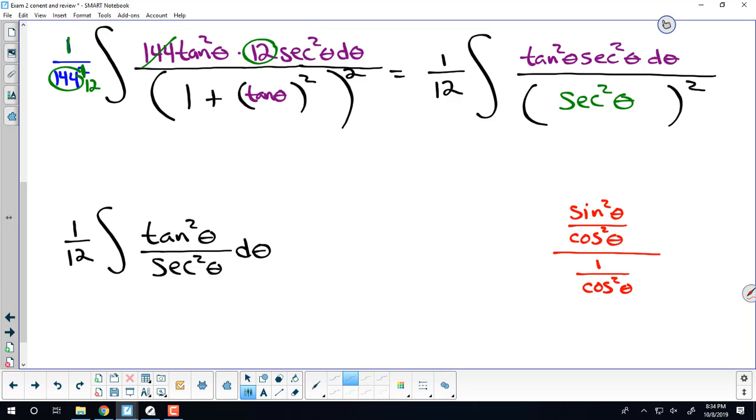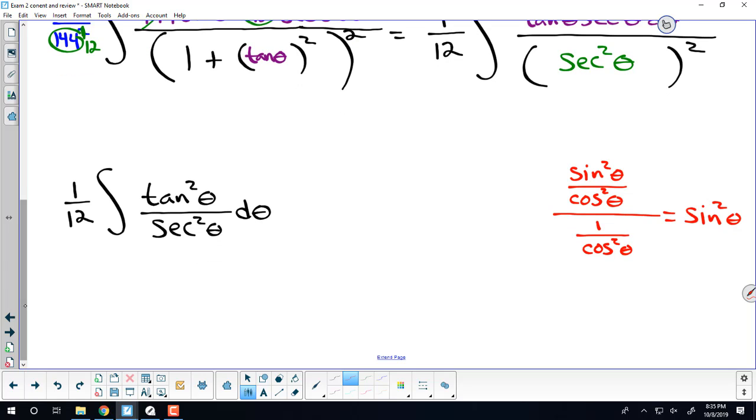So we write it like that. Invert, multiply, we just get sine squared. That threw me for a loop on the homework. So we got 1/12 sine squared.